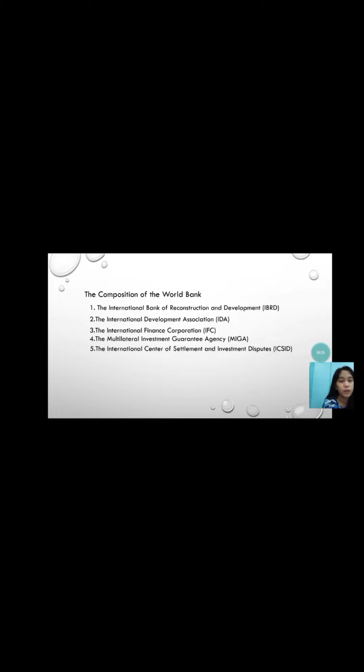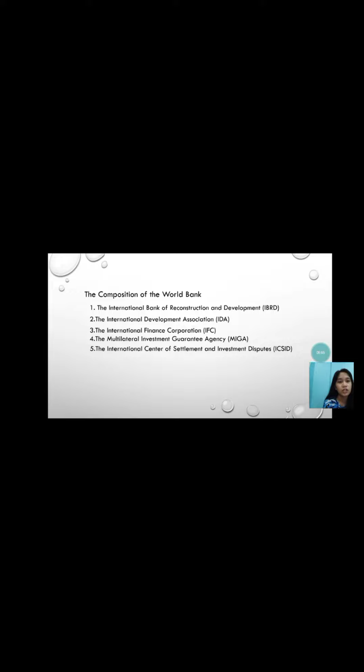The composition of World Bank: the International Bank for Reconstruction and Development or IBRD. Pangalawa, the International Development Association or IDA. The International Finance Corporation, IFC.